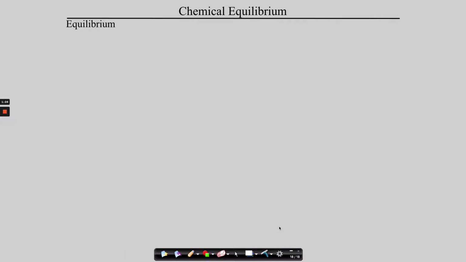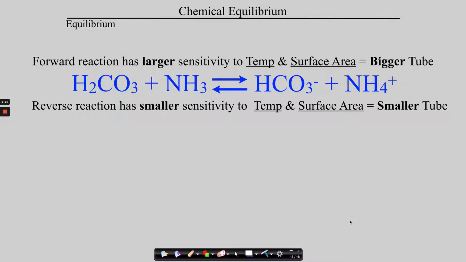Before we jump into just the math, we need to take a look back to the concepts that we learned last time. Last time we looked at reactions like this one, where we have our acids that react with a base to form the conjugate base and the conjugate acid, right? But we noticed that the arrows in the center were different. The arrows in the center show us that there's a forward reaction and a reverse reaction.